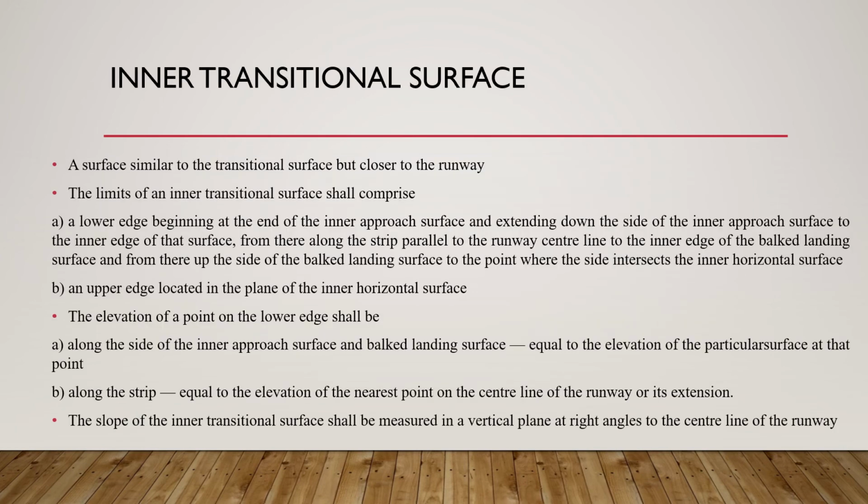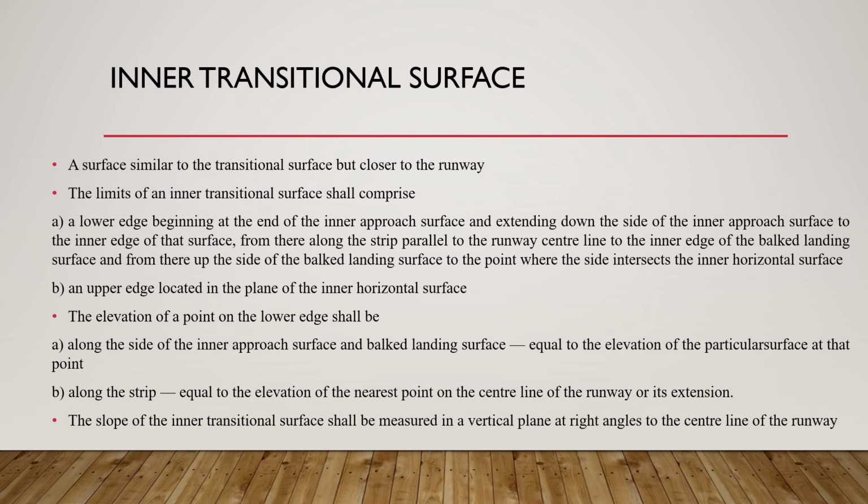The inner transitional surface is the next surface which we are going to see. The inner transitional surface is similar to the transitional surface but has a difference in the limits of the lower edge and the upper edge. In the transitional surface, the lower edge begins at the end of the inner approach surface and extends parallel along the runway till it meets the inner edge of the approach surface on the other side.